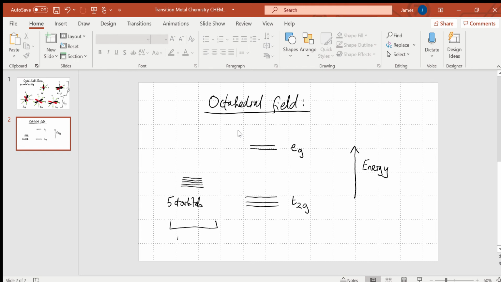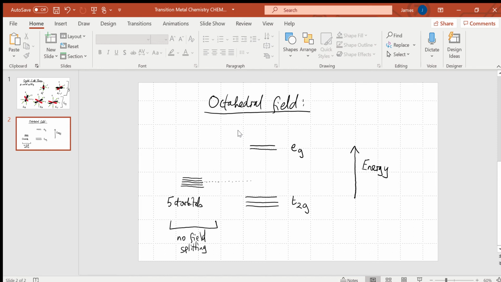So here there's no field splitting. It looks like they all have a slight variation in energy, but that's just the way the diagram looks.